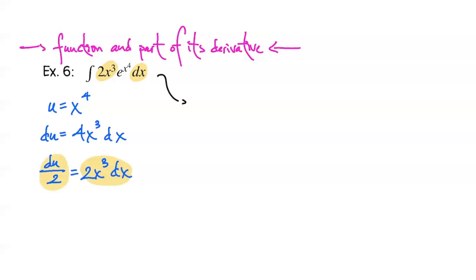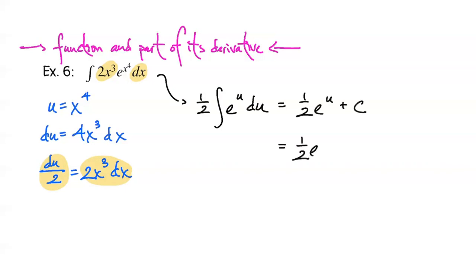So if we bring our constant out to the front and we substitute, we end up with something like this, which is going to be 1/2 e to the u plus c, which is going to be 1/2 e to the x to the 4th plus c.